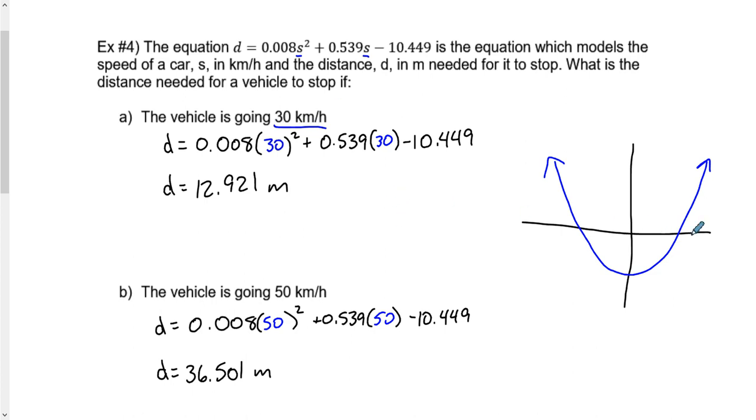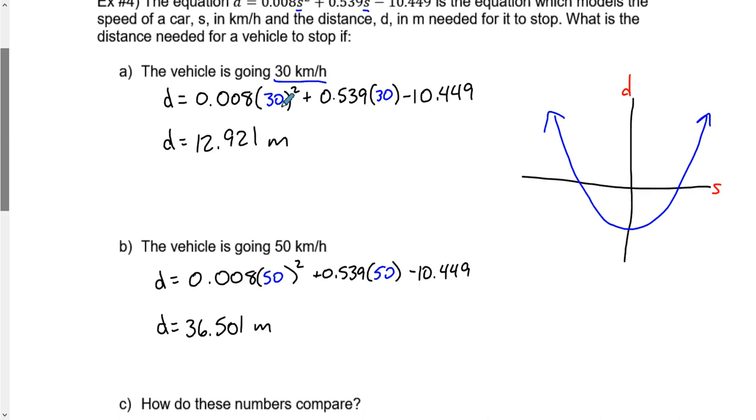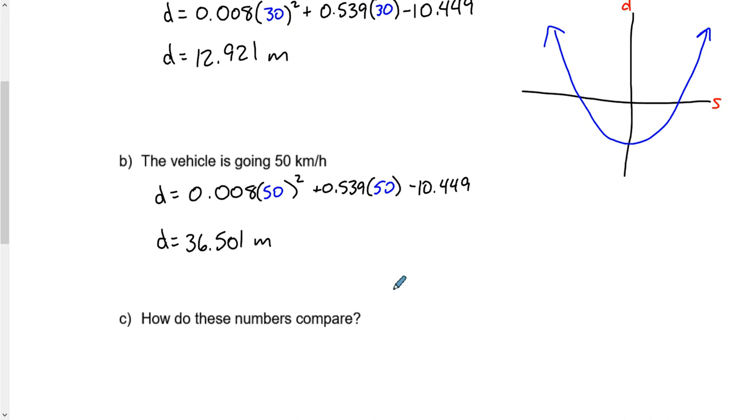Speed would be on the x-axis, distance would be on the y-axis. So why do we have to have an understanding of what this really means? Well, that's exactly what this question is asking. How do these numbers compare?